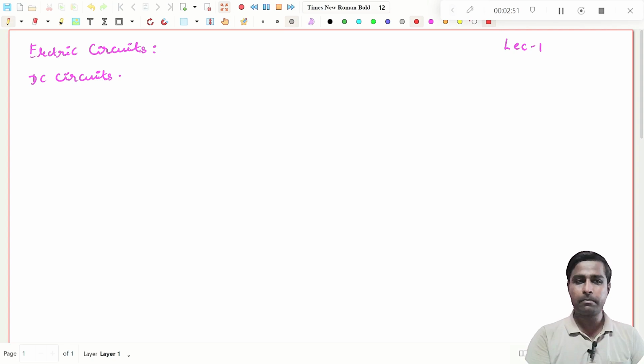Now, before seeing DC circuits, we need to know certain basic laws. In that, first we will see Ohm's law. So what is Ohm's law and what is it actually explaining to us?